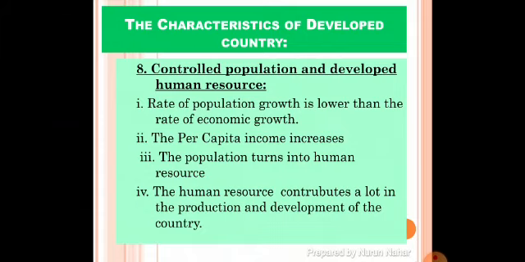The per capita income of the people of a developed country is increasing day by day, and it has reached a high level. The population is not a burden, rather the population is turned into human resource by providing enough education, training and job opportunities. In this way, the human resource of this kind of country contributes a lot in the production and development of the country.